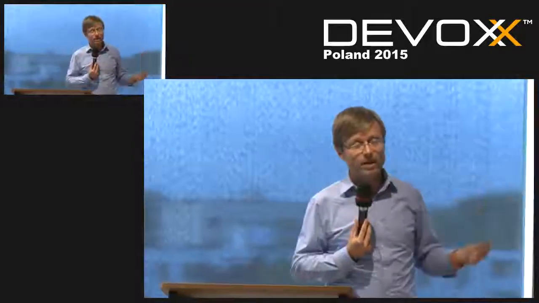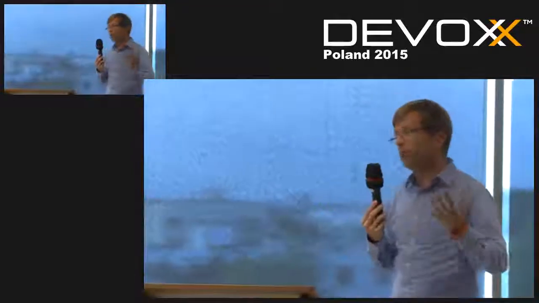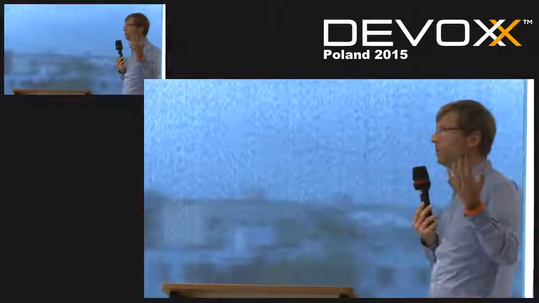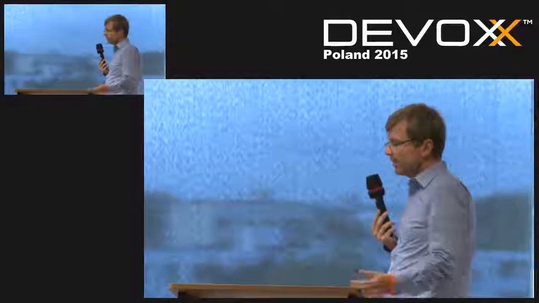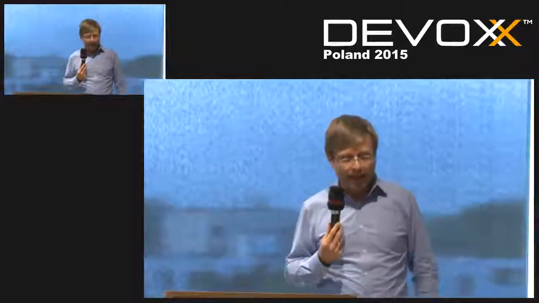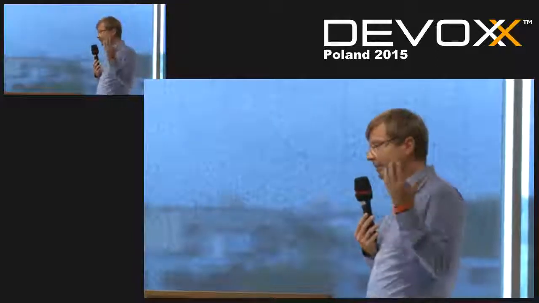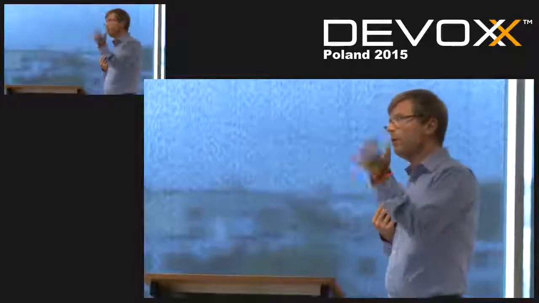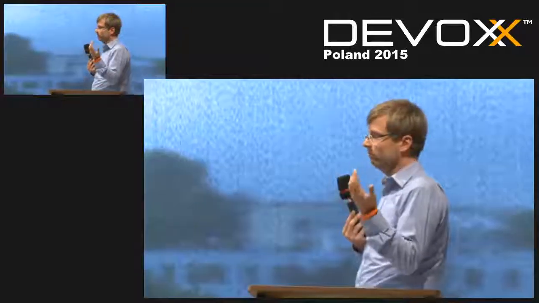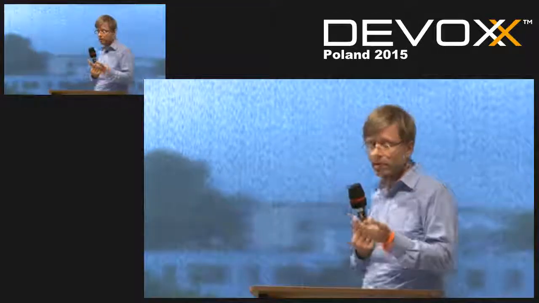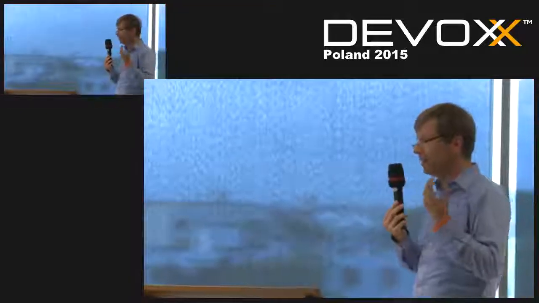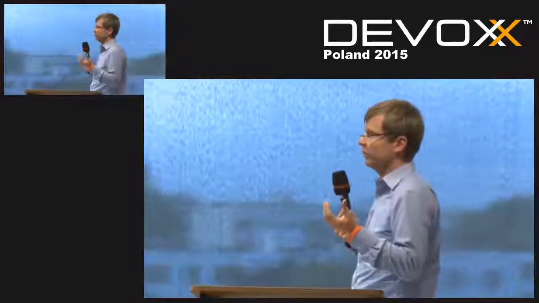TypeSafe, you could argue, is a kind of competition. They have Play, they have Akka, they're trying to fish in the same pond. I don't know. TypeSafe has a very unique way of doing things. It's certainly a degree of inspiration. We have reasonably good relationships with them as well, but the technical solutions don't really interact that much.